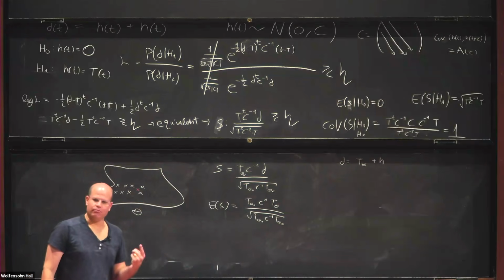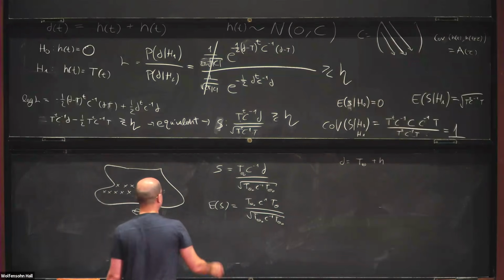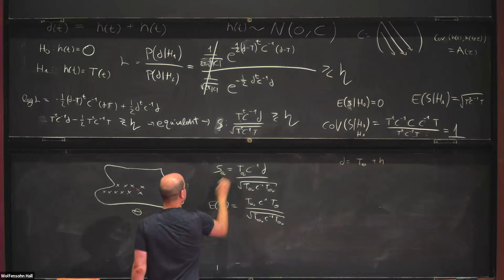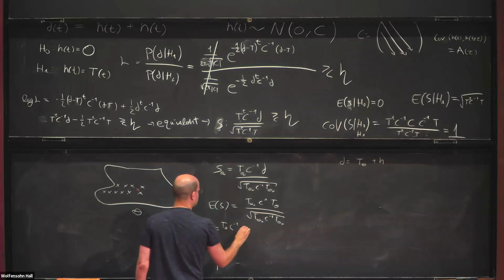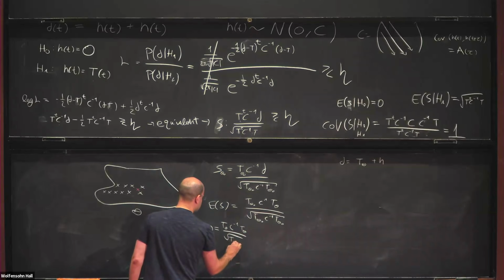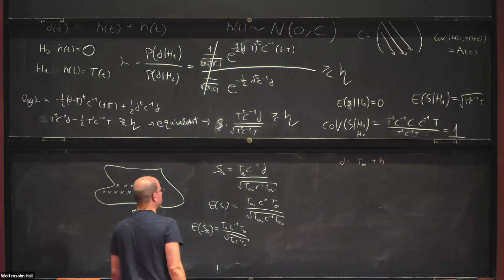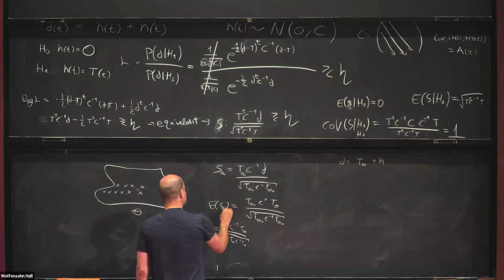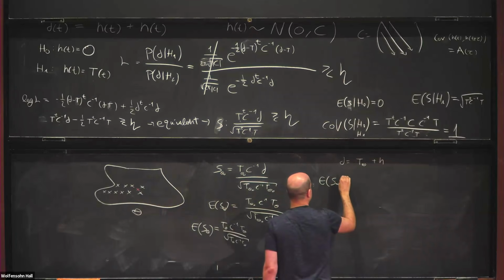What would have happened had I computed with the right template? So this is S theta 0, S theta. The expected value of S theta is t(theta)^T C^-1 t(theta) divided by the square root of t(theta)^T C^-1 t(theta). So E of S theta 0 divided by E of S theta.